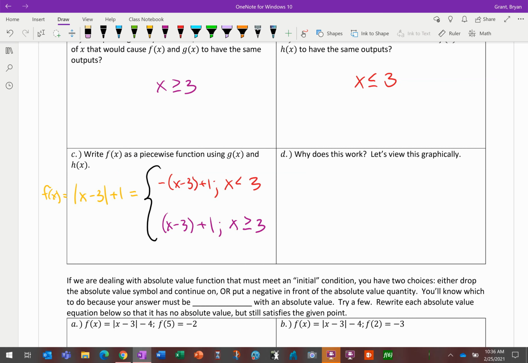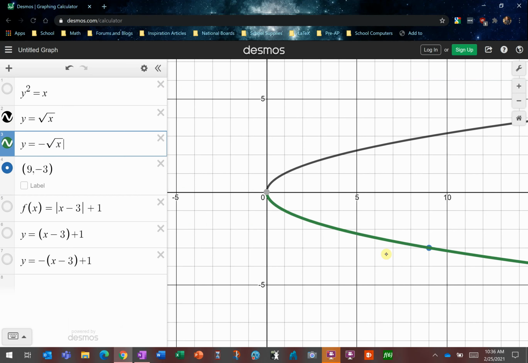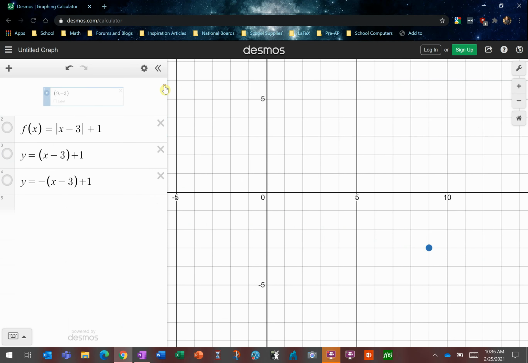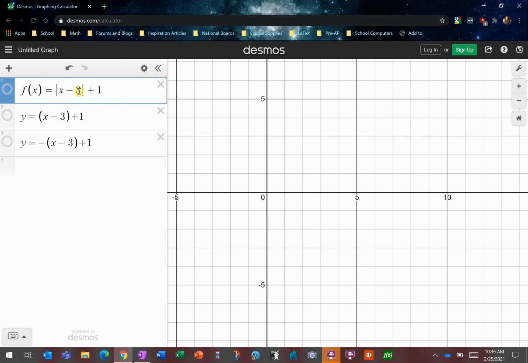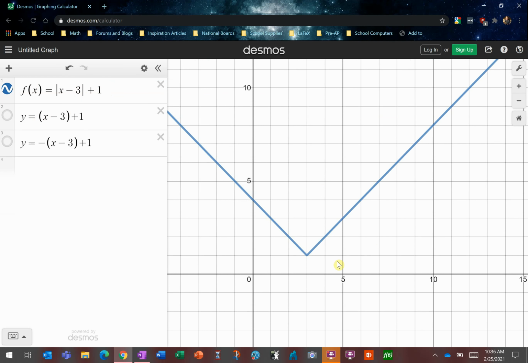So, graphically, I'm going to go ahead and show you, and we'll get rid of the rest of these, the equation for the absolute value of x minus 3, close your absolute value, plus 1. This is in HK form, so it's at 3, 1. There's my vertex, 3, 1. Now, if I look at this V-shaped graph, and instead of picturing it as a V, I think of it as two lines.